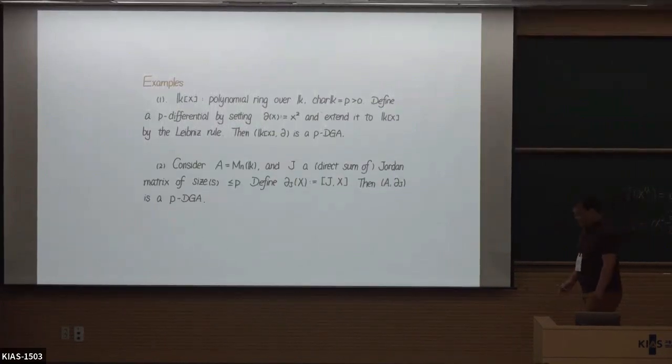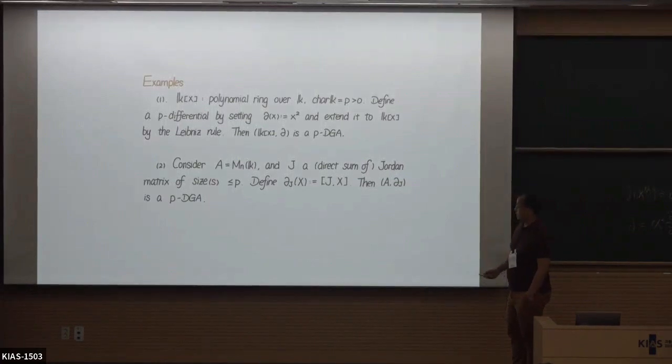Similarly, if you want a non-commutative example of a p-dg algebra, you can take the usual. Why is d to the p equal to 0? This is just a small computation you can do.